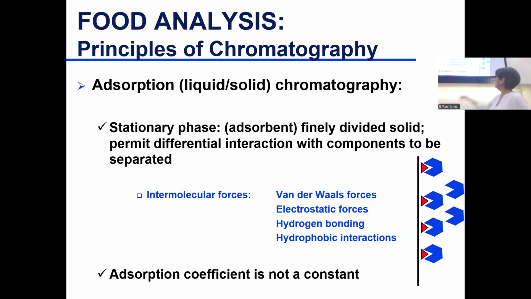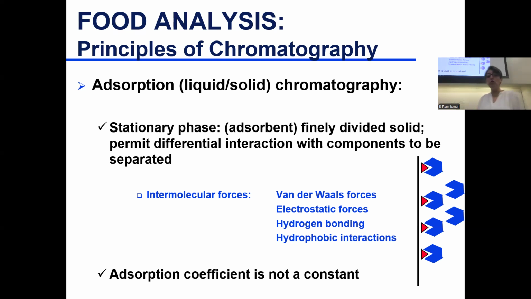Now, what is shown here is a demonstration that with adsorption chromatography, there's always a limit of how much sample you can put on the column. So unlike partition chromatography, it is concentration dependent. So the adsorption coefficient is not a constant. It is dependent on the concentration of the solutes we put on the column.